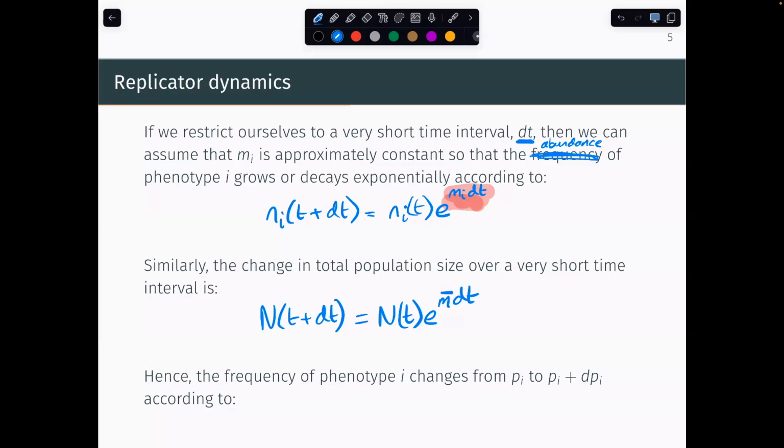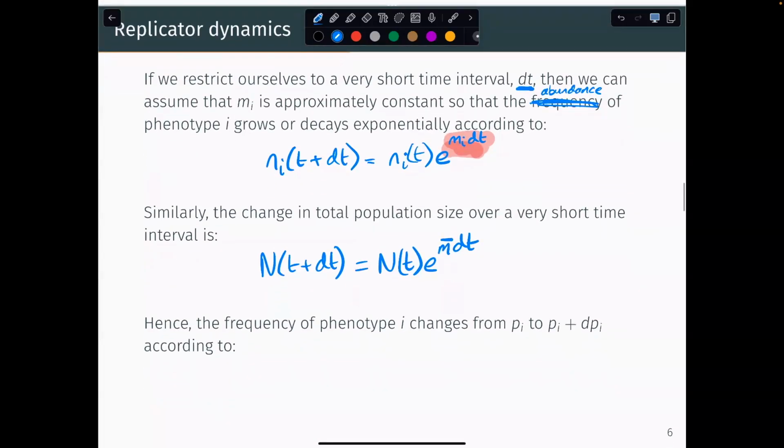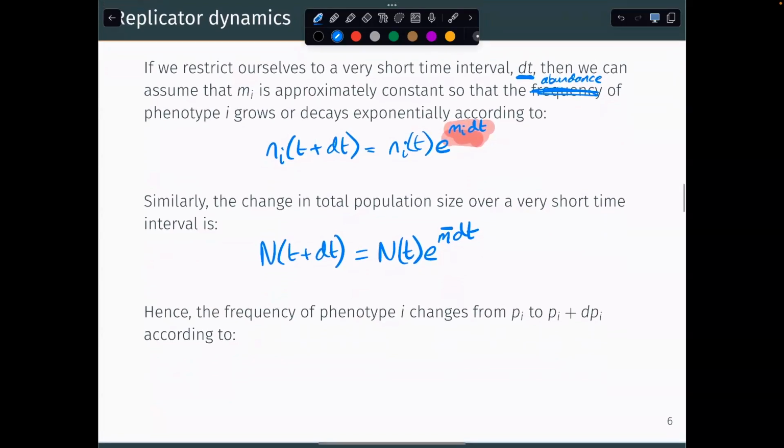You see, if there was just one phenotype in the population, then these two things are going to be equal, right? mi would just be m bar, and ni would be N. Likewise, if there were many different phenotypes in the population, but there was no variation between them, then this mi and m bar would also be the same. But the ni's and N would be different. Okay, so there's the abundance dynamics, population sizes.